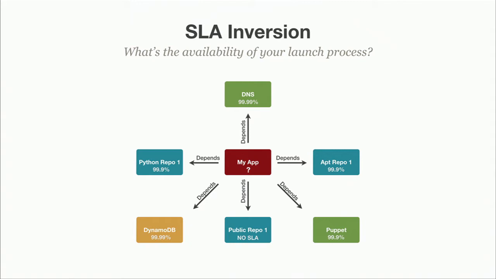If you're frying, putting less state in an image and doing more at runtime, the availability of that launch process will be primarily driven by the availability of all your dependencies. For example, if you have a Python repository with three nines of availability, you require DNS, maybe an apt repository, maybe DynamoDB or Puppet. The availability of those systems is going to affect your ability to launch that instance.